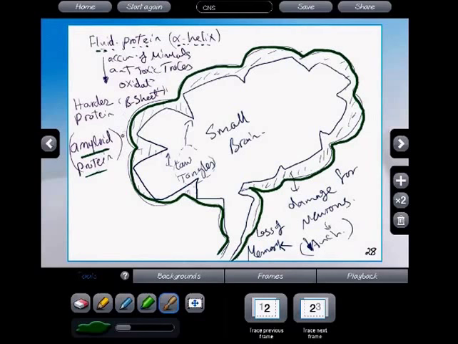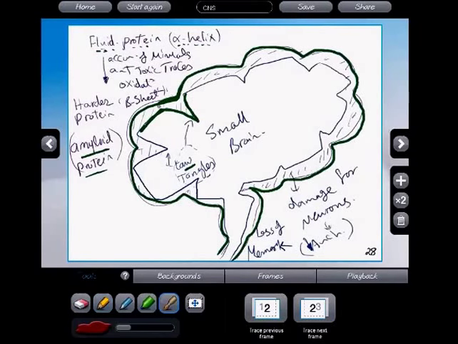This leads to the curvatures in the brain beginning to be deeper. Instead of just a curvature, it becomes an entanglement, which we call tau tangles.